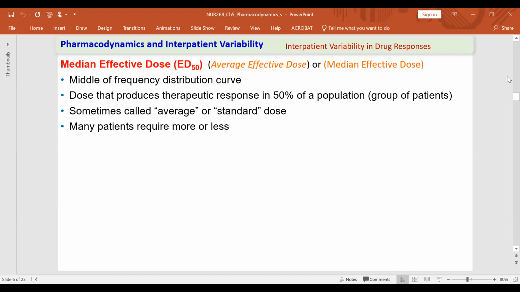So there will be a wide variability in the doses needed to produce the target response for the 100 subjects, which is represented in the previous slide, hypothetically. So this is a hypothetical explanation of the effect of the drug and how many patients responded, and what the peak of the curve indicates: the largest number of patients responding to the drug.